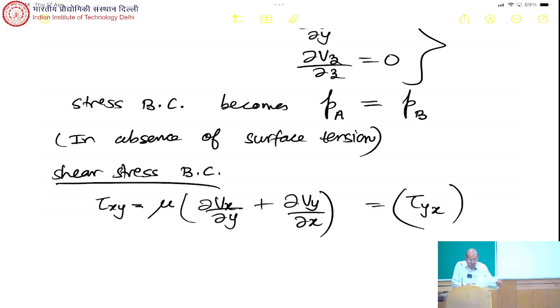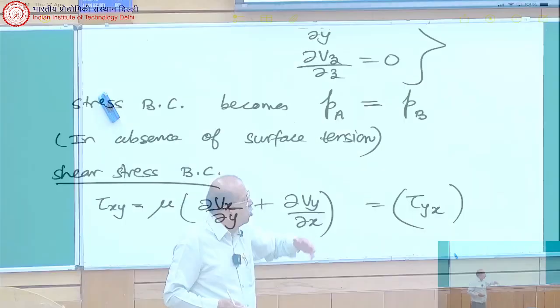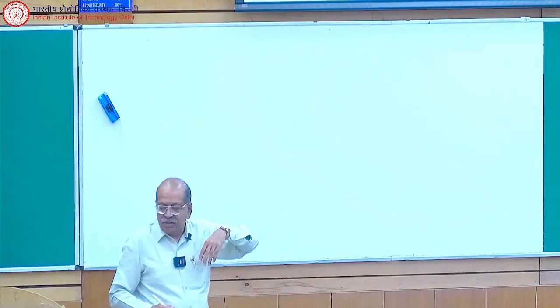So one has to equate that. Whenever you solve the problem, you will get some unknown constants when you solve the differential equation, and to solve those constants, you will need the boundary condition.